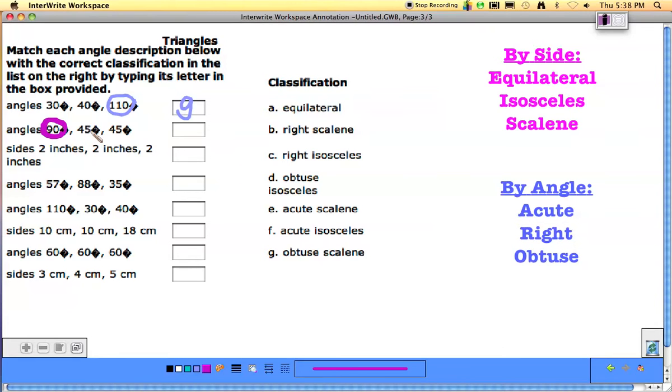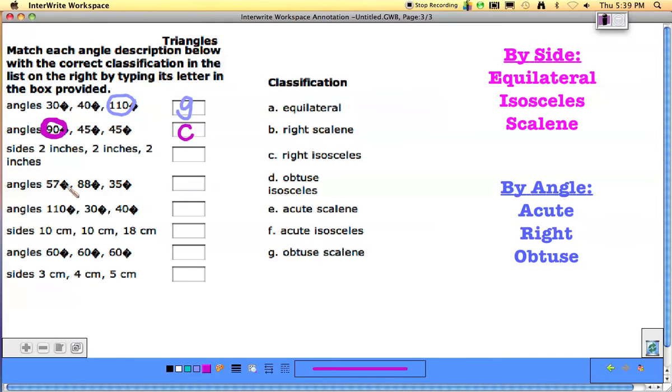So the other 2 angle measurements are the same, which means that since it has 2 equal angles, it has 2 equal sides. And I learned that triangles that have 2 equal sides are called isosceles. So this triangle that has a 90 and then 45 degrees is going to be a right isosceles triangle. A right isosceles triangle.